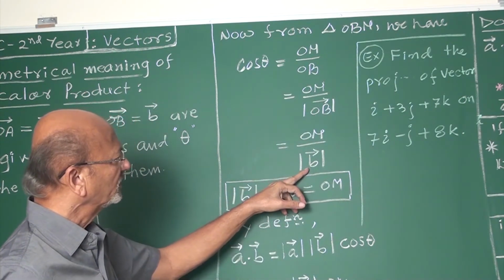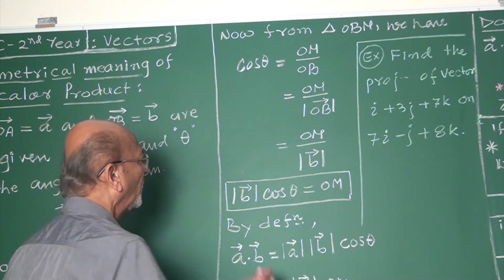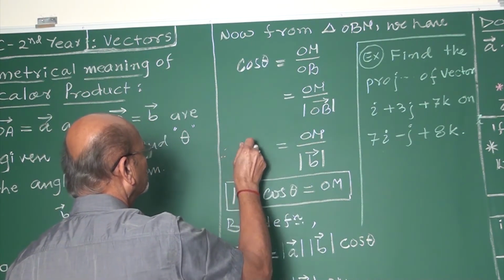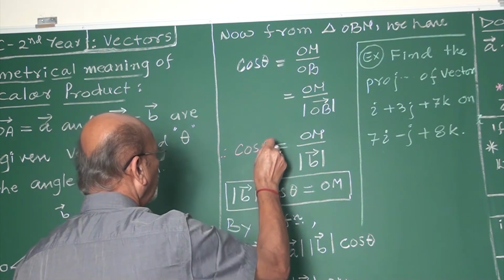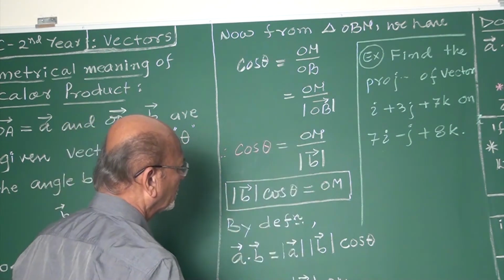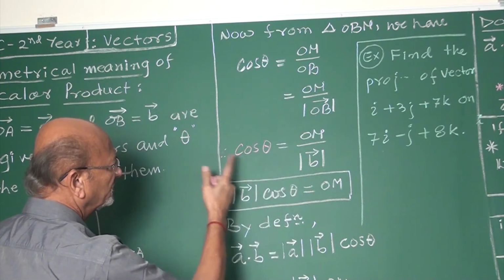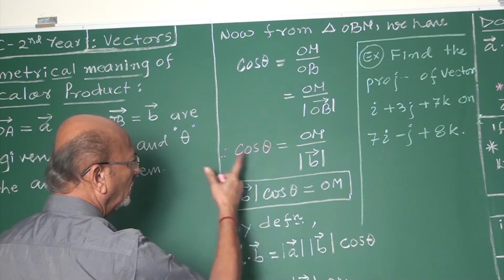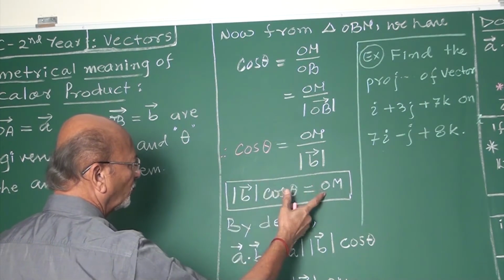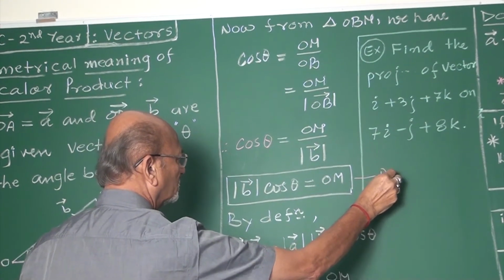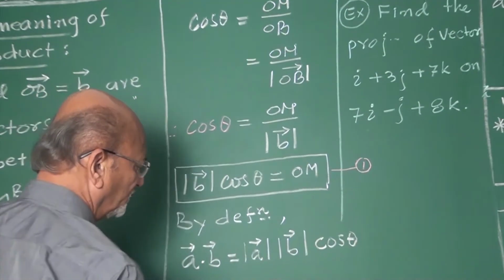It is vector B. Therefore, cos theta equals OM upon magnitude of B. Bring this side: magnitude of B into cos theta equals OM. Yes, my friends. You name this as 1.